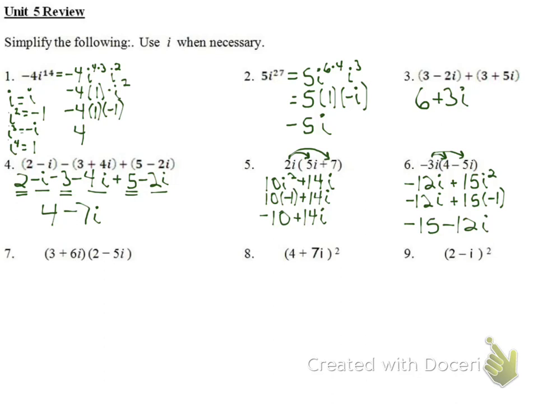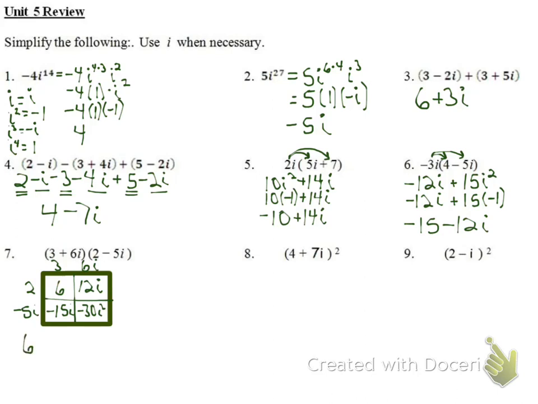Now we go to number 7. We're multiplying, and for this we're going to treat it like we're multiplying binomials. We could use FOIL. Let me use the box method here, just to keep things organized. So we'll do 3 plus 6i, 2 minus 5i. We get 6, 12i, negative 15i, and negative 30i squared.